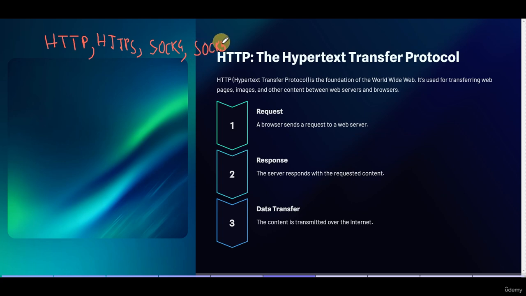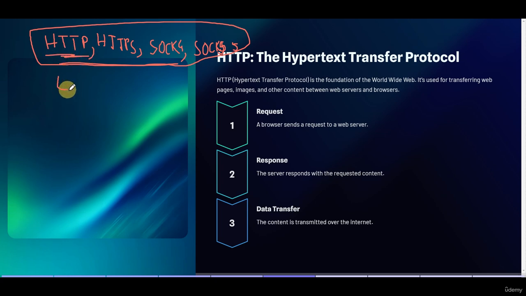So these are four of the main protocols that we can use, and HTTP is quite unsafe because there is no S at the end, which represents secured. Then we have HTTPS, which is much more secured.